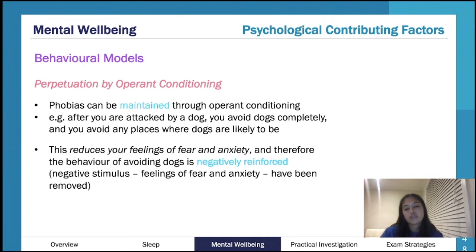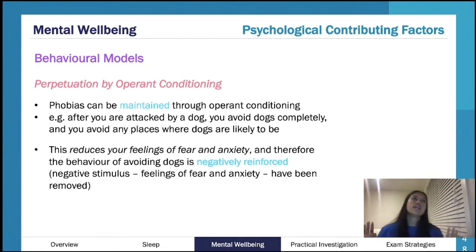In terms of this negative reinforcement, we're avoiding the stimulus. So if you've got a fear of spiders, or a fear of dogs, by avoiding these dogs, you are not experiencing fear. And that's negative reinforcement because, if you remember the definition of negative reinforcement, you're taking away something undesirable and that's going to reinforce that behavior and make it more likely to occur.